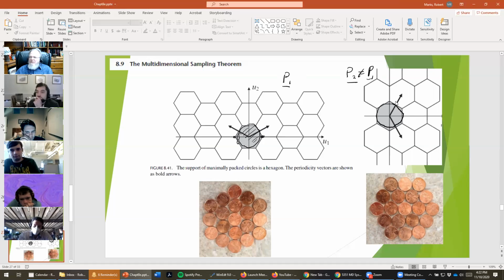This replication has the pointy side of the hexagon on the top and the bottom. And both of them are viable replications of the spectrum when the spectrum is 0 outside of a circle, just like there's more than one way to pack pennies. And these would both give us a different Q. They both would give us a different sampling geometry.